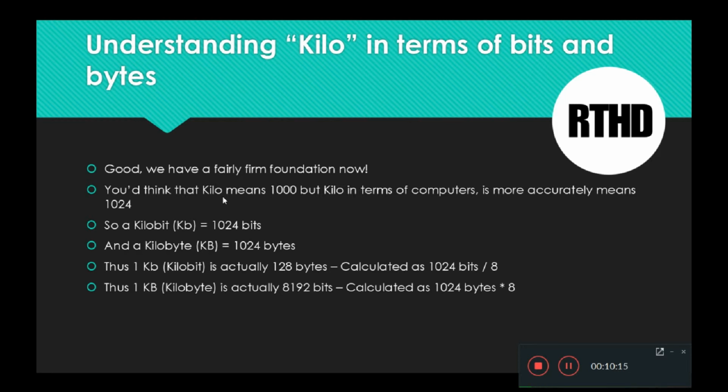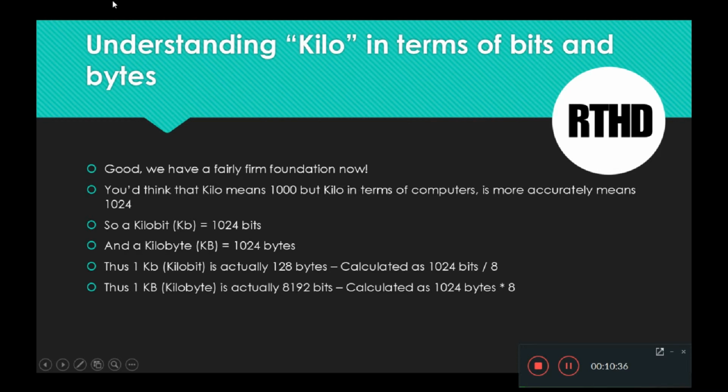How did I get that? All I did was I took the bits, as you can see here. Because we have bits, we want to convert to bytes. All we have to do again is divide by 8, because we know that 1 byte has 8 bits. So in order to get bits into bytes, we just divide by 8.